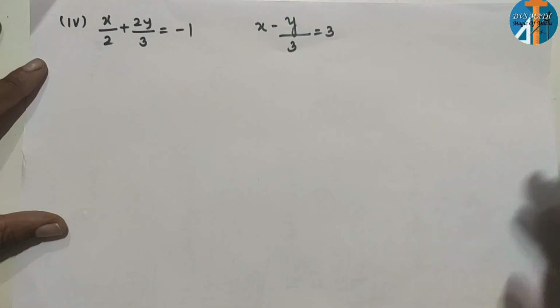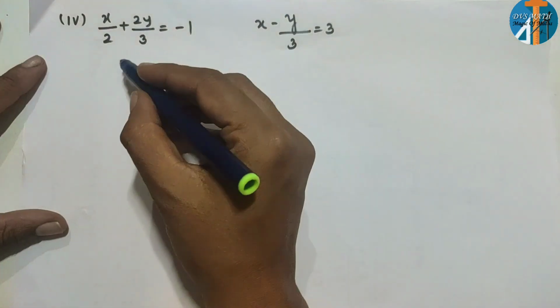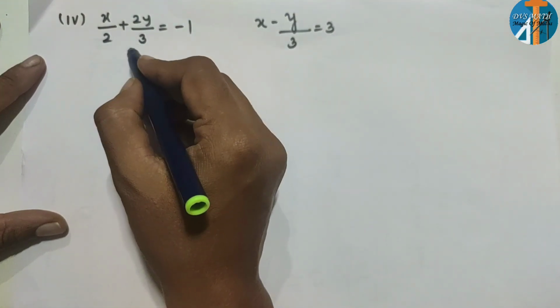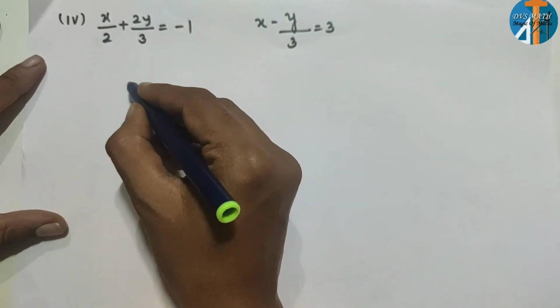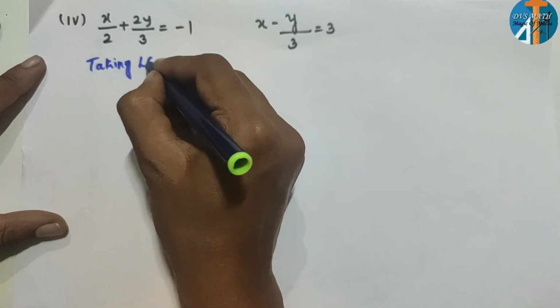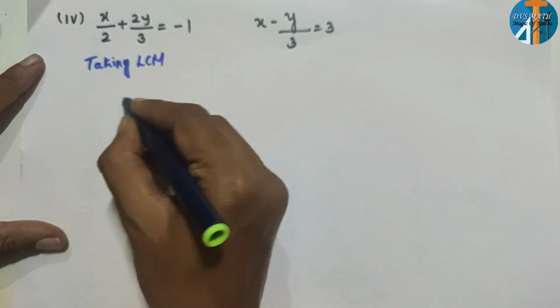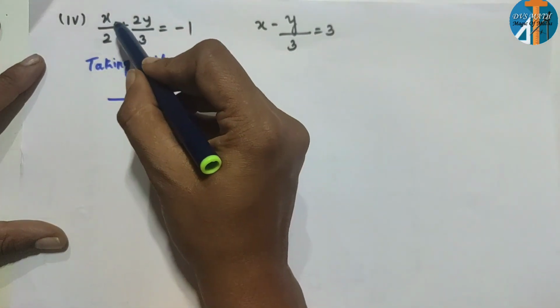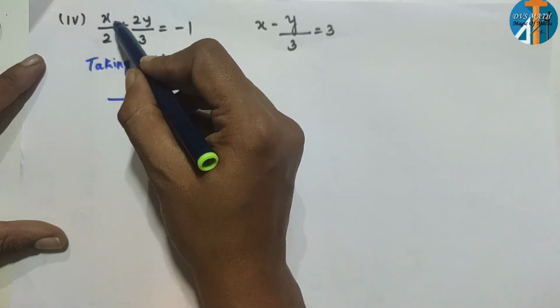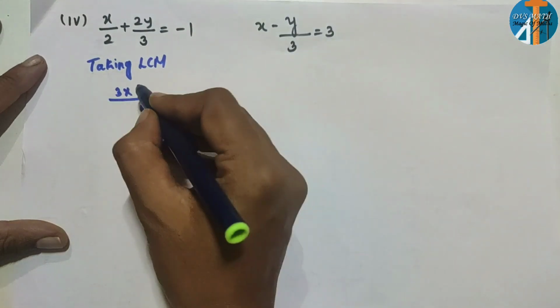How to convert? By taking LCM. Observe, for 2 and 3, the LCM is 6, right? So let us write here, taking LCM. What happens if you take LCM? If you multiply 6 here, 2 1s are 2, 3 into x, it is 3x.